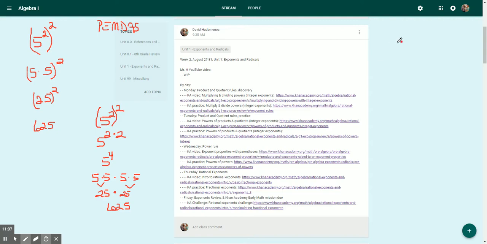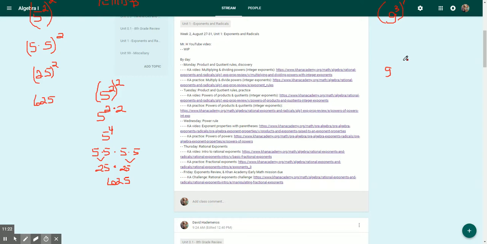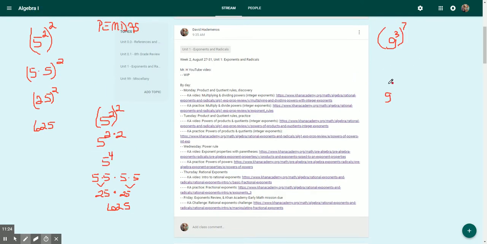So if we go to a variable, we haven't used g, so let's use g. If we have g to the third power to the seventh power, this is going to be the same as... actually, so I can show you a visual, I'll make that number a little bit smaller. Let's make it 3.